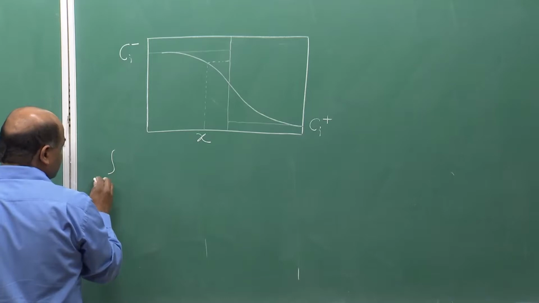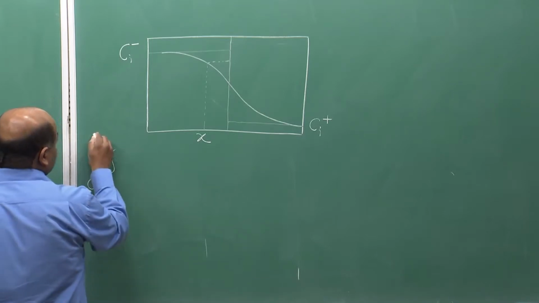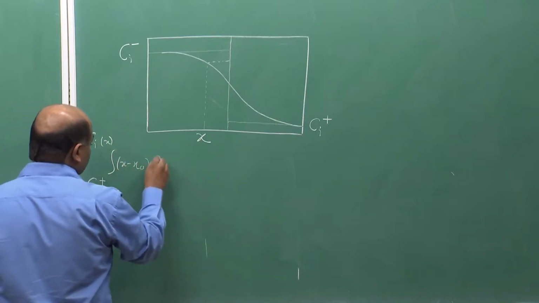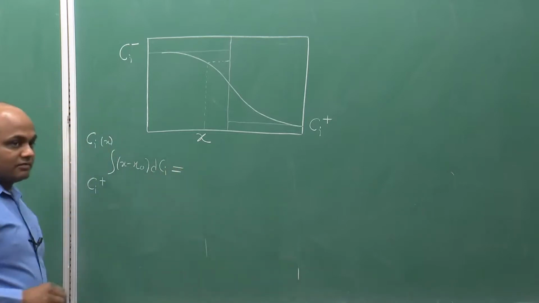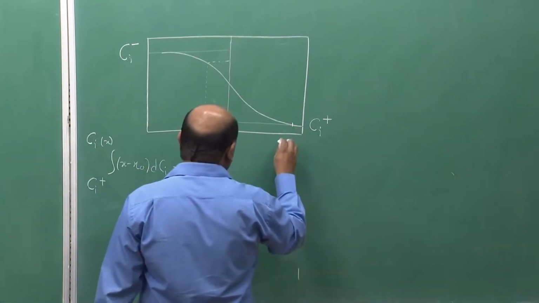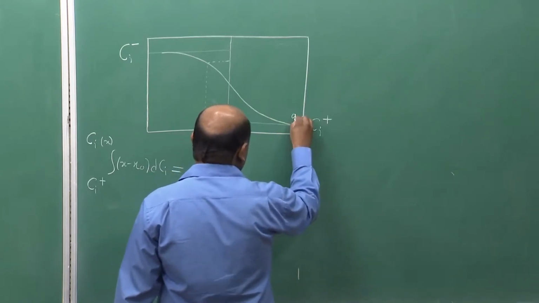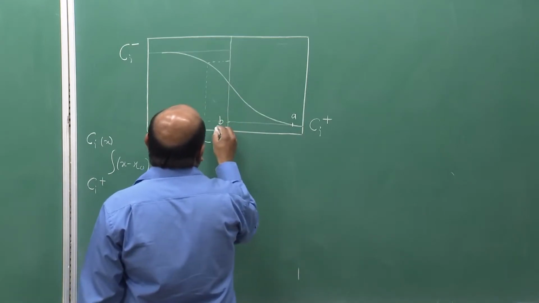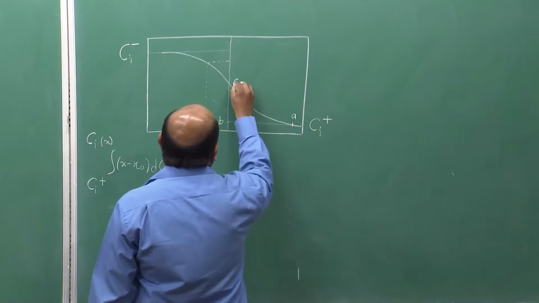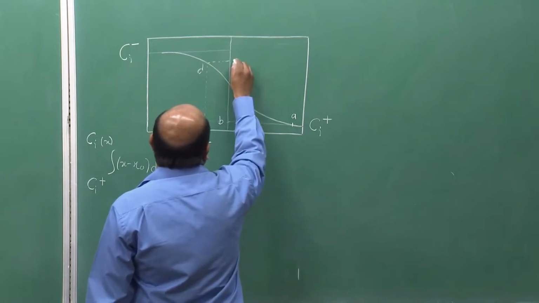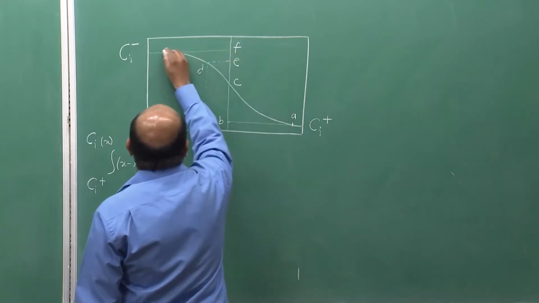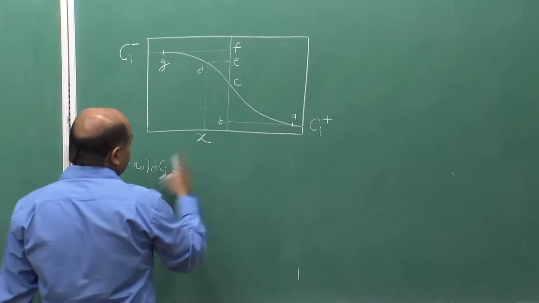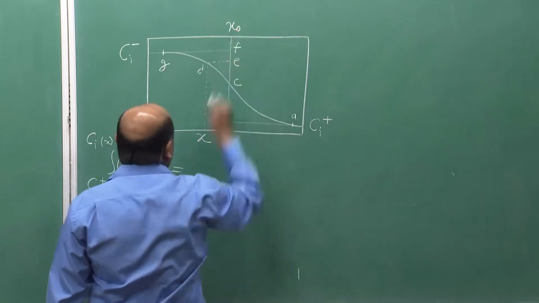If we write the integral from C_i plus to C_i at x of (x minus x naught) dC_i, and write it in terms of areas, let me assign some labels A, B, C, D, E, G. We can split this integral at the Matano plane, the initial contact plane here.